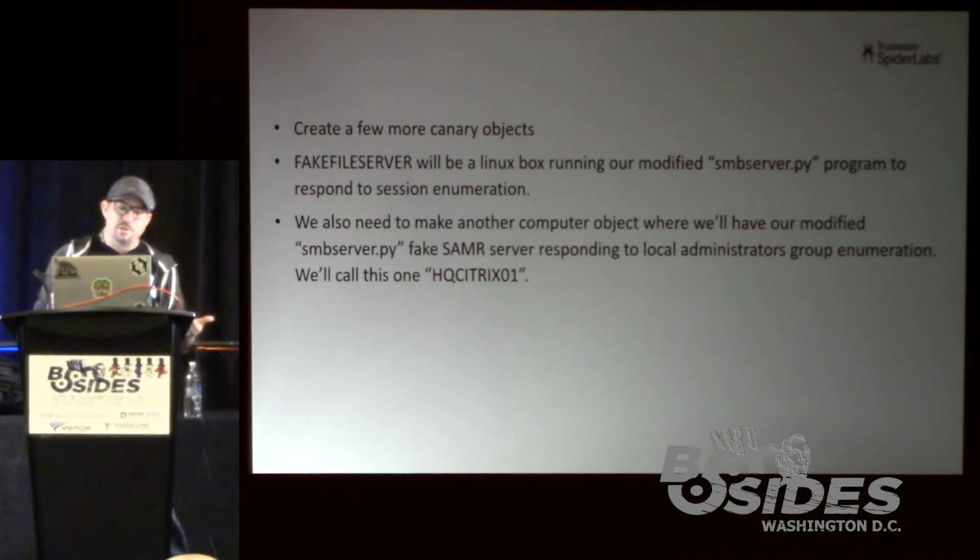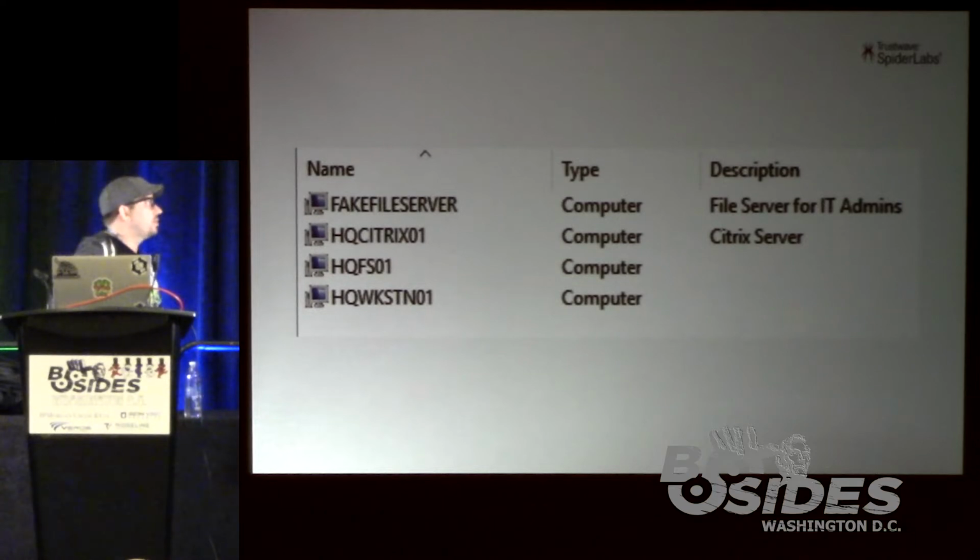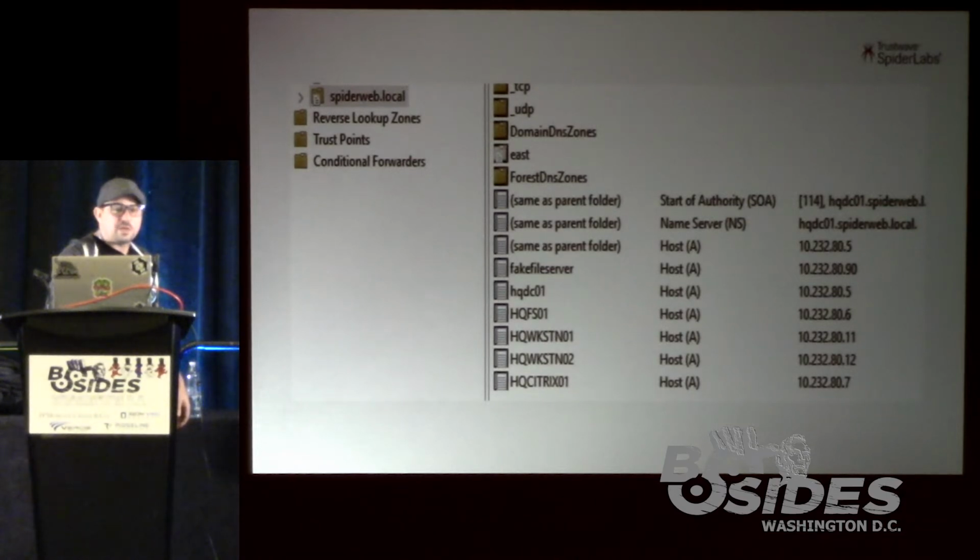In this case, we're going to call this one HQ-Citrix-01. So we add those objects to Active Directory, like so. We have to add DNS entries for those as well, so that when they're queried, they actually return results to the IP where those things are located.